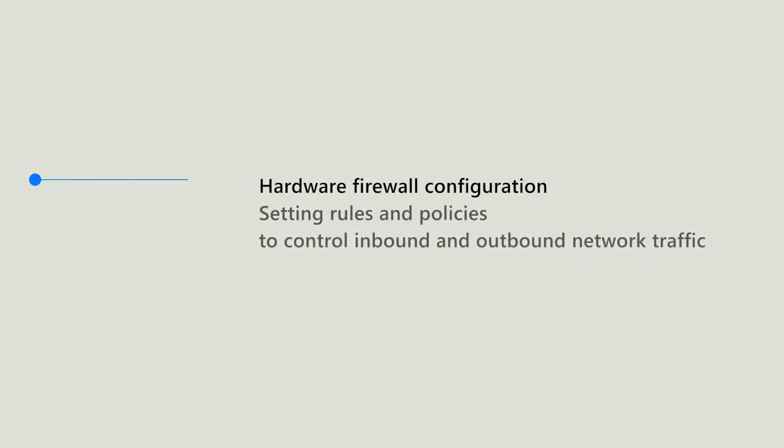What about firewall configuration? This involves setting up rules and policies to control inbound and outbound network traffic. The ACL can specify which types of traffic are allowed or blocked based on criteria such as IP addresses, ports, and protocols. By fine-tuning these configurations, organizations can tailor their security measures to mitigate potential risks and protect their network environments.